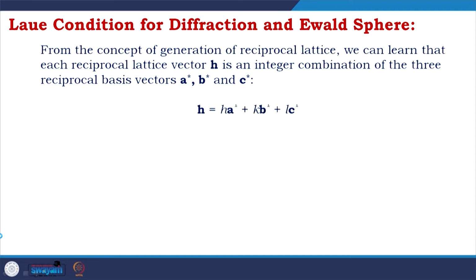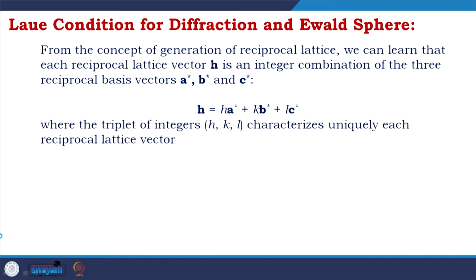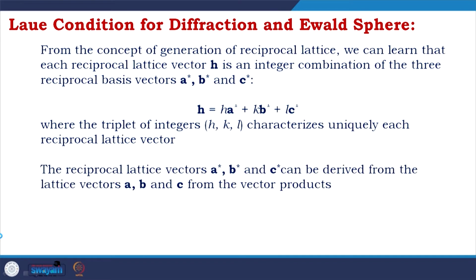So, H equals H A star plus K B star plus L C star, where the triplet of integers H, K, L, which are Miller indices, characterizes uniquely each reciprocal lattice vector.